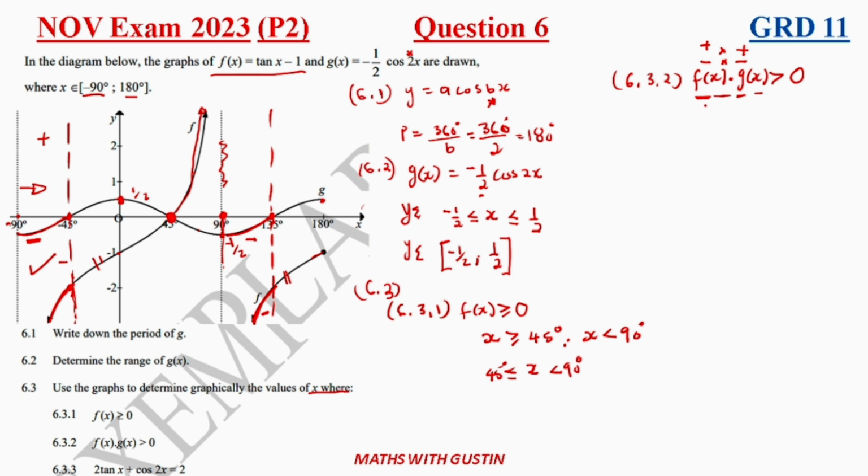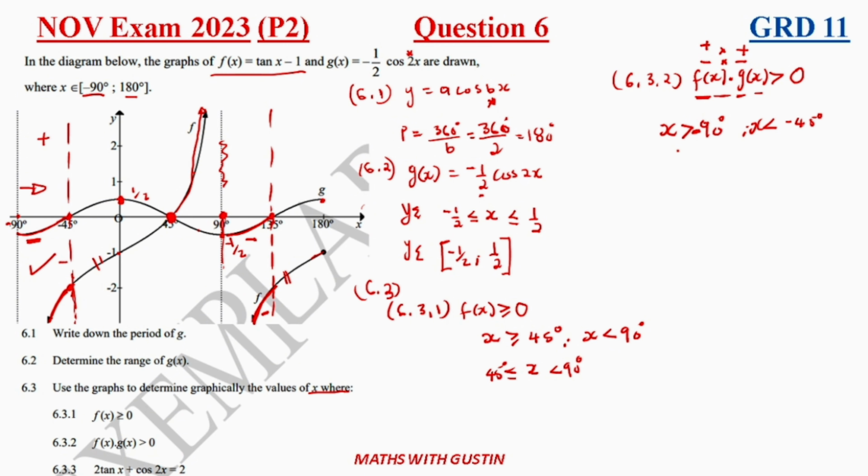So how are we going to illustrate this? We are going to come here and say, starting from this value, for the values where x is greater than negative 90 degrees, sorry about that, and then here where x is less than negative 45 degrees.